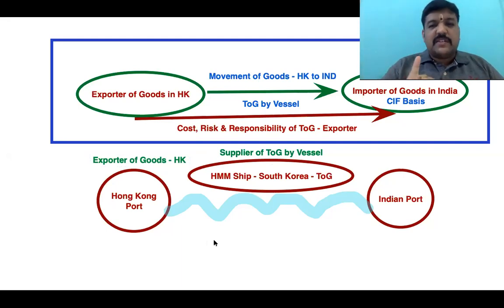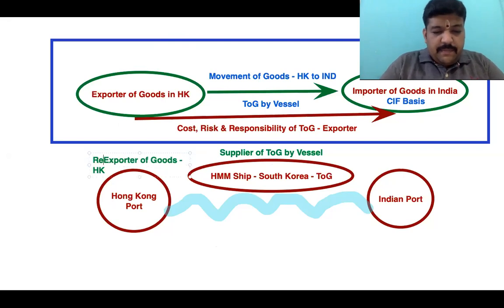Very interesting to note. The supplier of service is located in non-taxable territory. How do you know, sir? South Korea is non-taxable territory. The recipient of service is again located in non-taxable territory. The recipient of transportation of goods by vessel services will be, no doubt, your exporter.